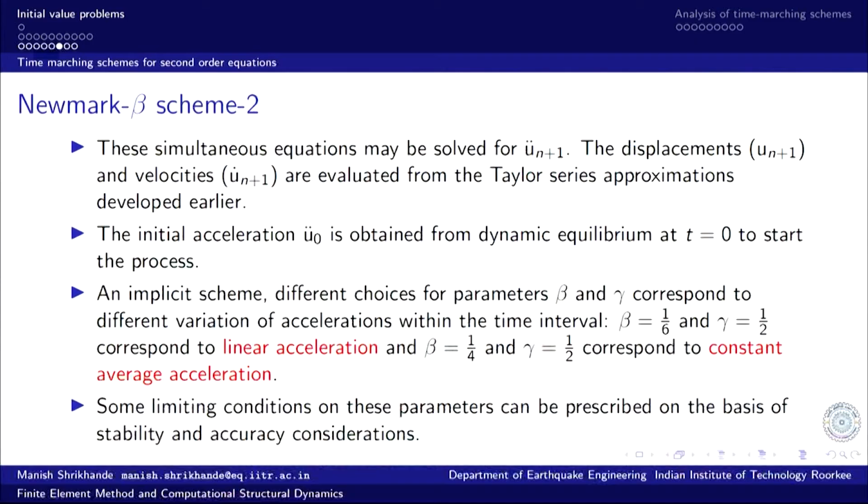So, some limiting conditions on these parameters can be prescribed on the basis of stability and accuracy considerations. These are to guarantee that the scheme, the Newmark beta method, converges or does not diverge. There are certain limits on the parameters beta and gamma.